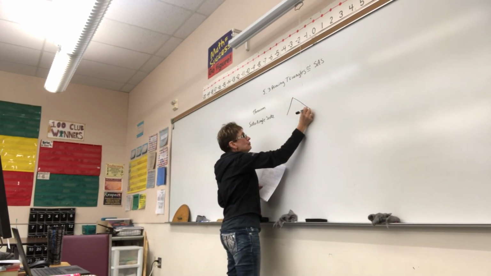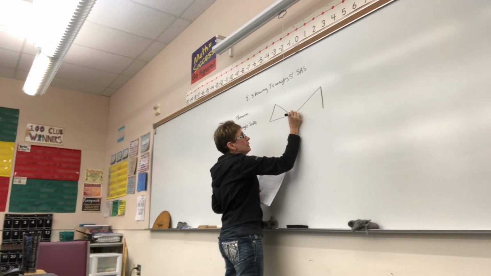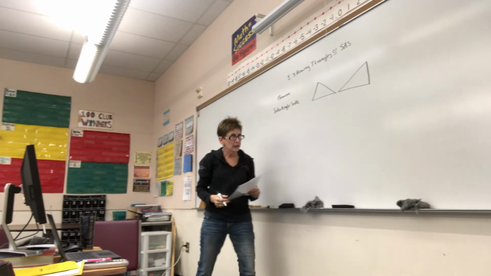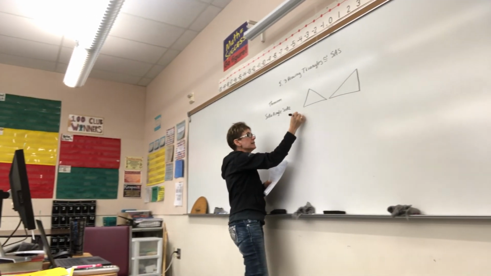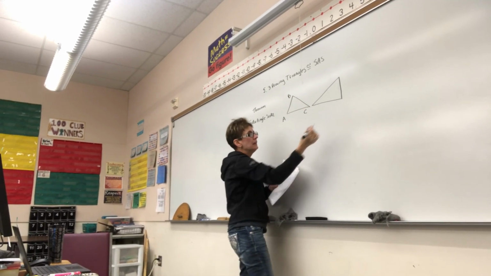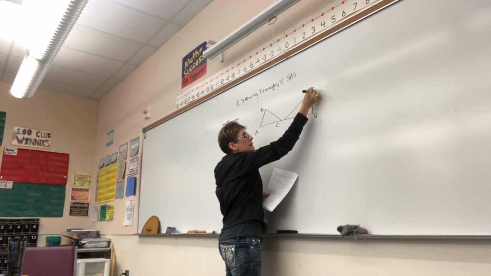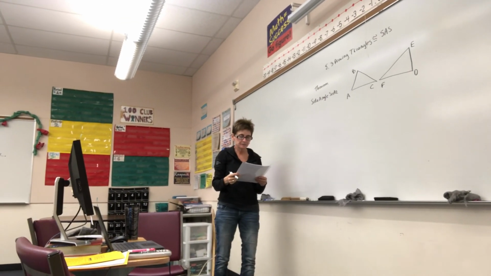I'm going to do two triangles here that are going to end up being congruent to each other. And I think I'll go ahead and label these. Let's label the first triangle A, B, C, and then the second one D, E, F. A, B, C, and D, E, F.